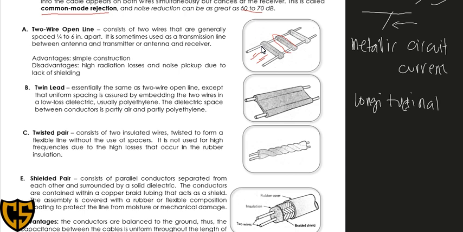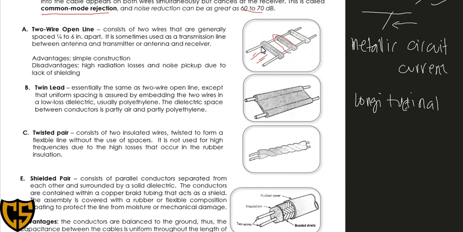That's why the velocity of the transverse electromagnetic wave in this transmission line is slightly slower than the velocity of light, or the speed of light.